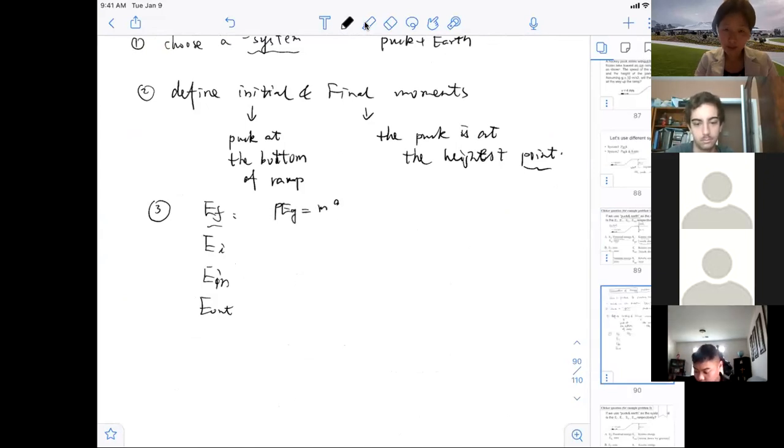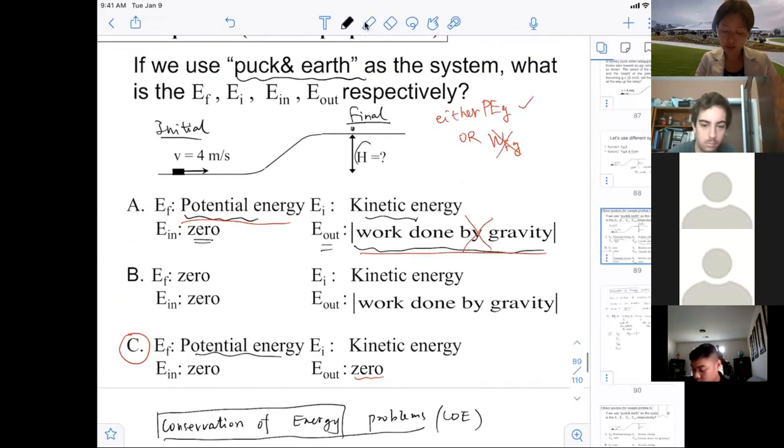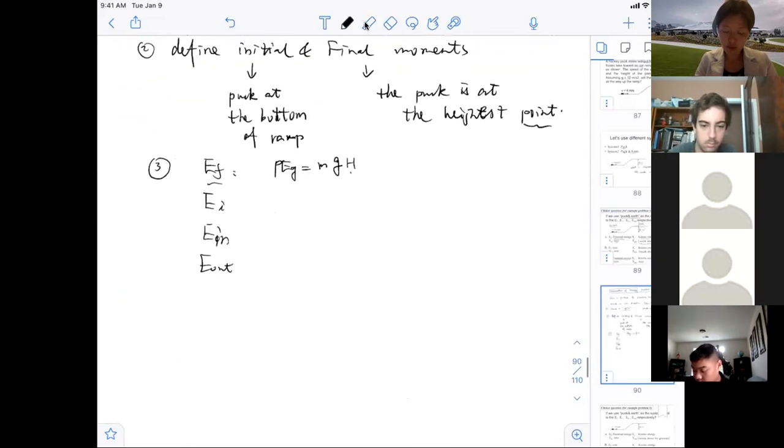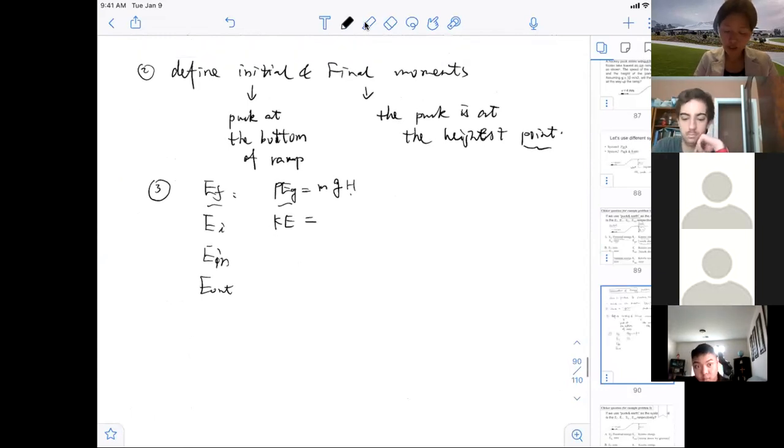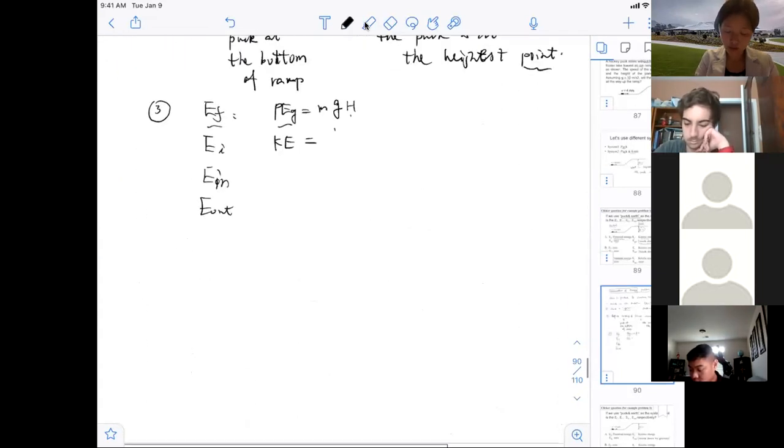It's m of the puck, g gravitational acceleration, times the highest height h. We don't know what it is, right? So it's mgh for the final energy. Initial energy of the puck is kinetic energy, as you specified. So kinetic energy is 1/2 mv squared.